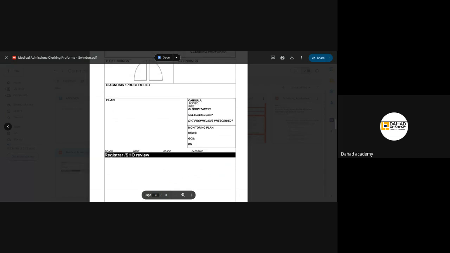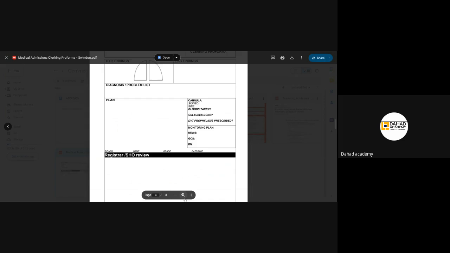You are admitting the patient, who was in A&E, and you need to admit the patient now. So what is the plan? The patient is stable, and you will send him upstairs to the ward. What should you write in the plan?